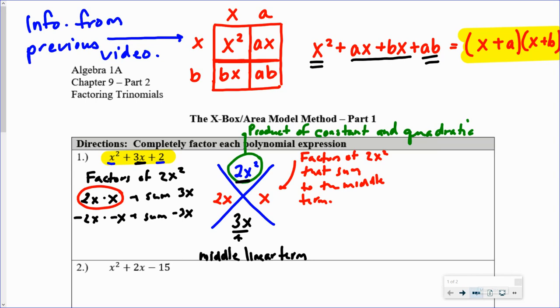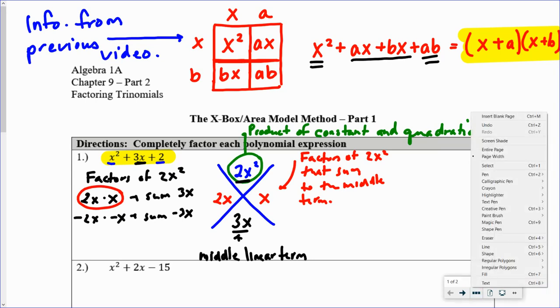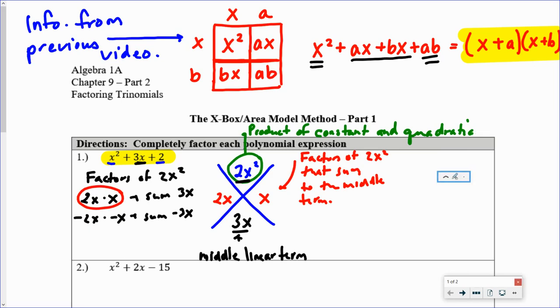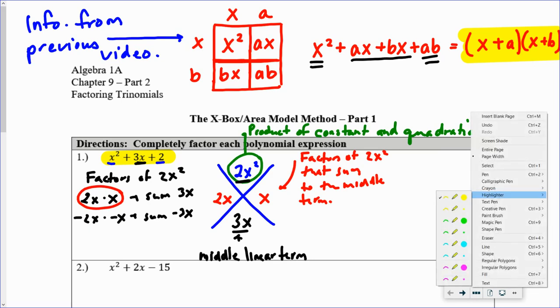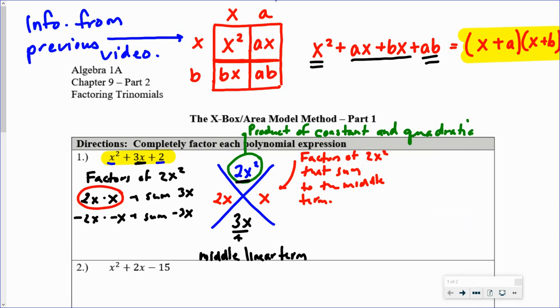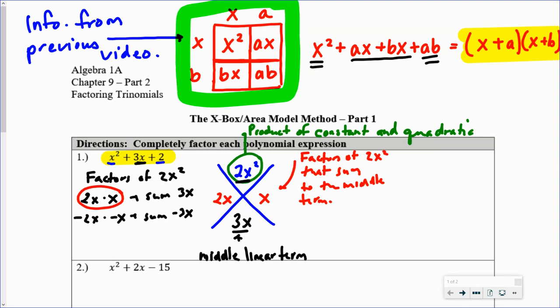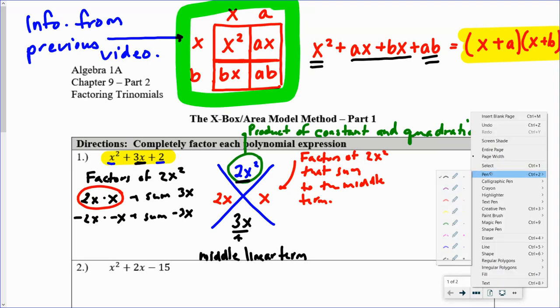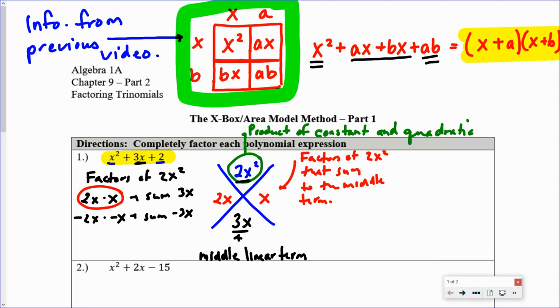So now that we've got that set up, what we're going to do is set up our box. Now, the box that we're going to use is going to look just like this up here. Okay, so I'm highlighting it in green right now. So let's do this. So I'm going to set up the box. This is the area model part. And here's how we're going to set this up.